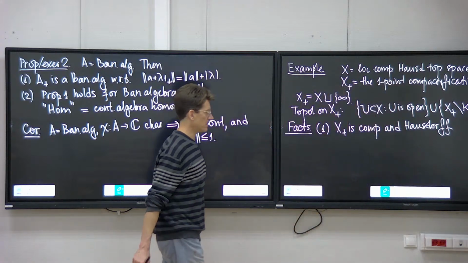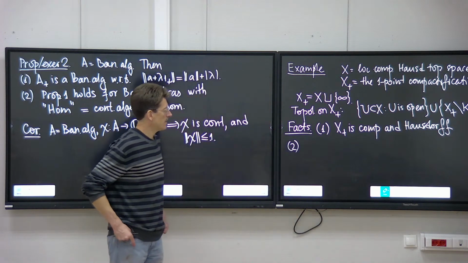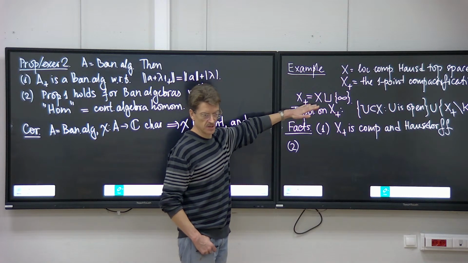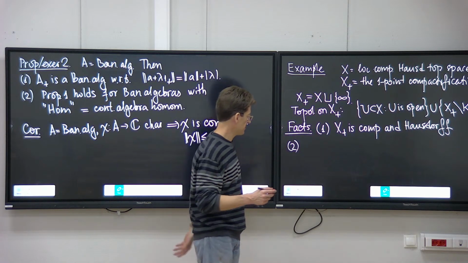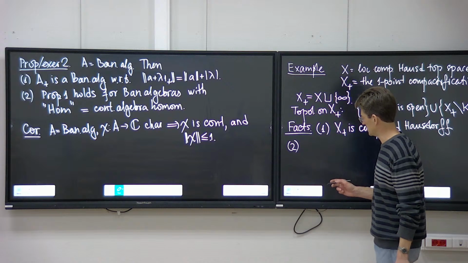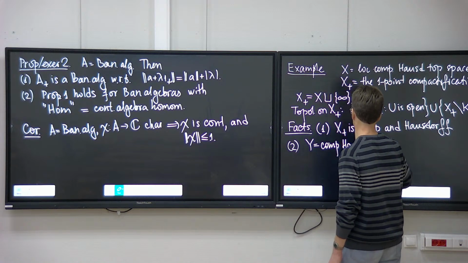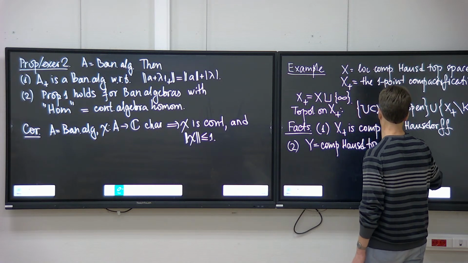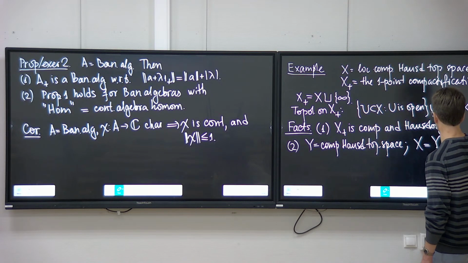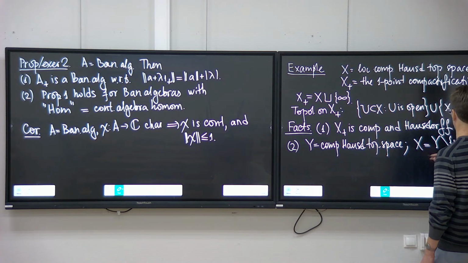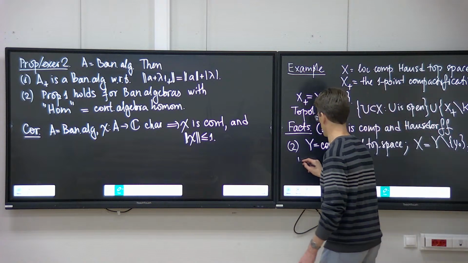And now we have the following uniqueness result, which roughly says that this is essentially the only way of adding a single point to X to make it compact. More exactly, if we have a compact Hausdorff topological space Y, and if X is obtained from Y by removing a point, say Y0, then X is locally compact.